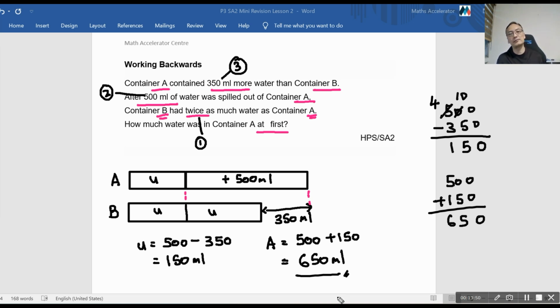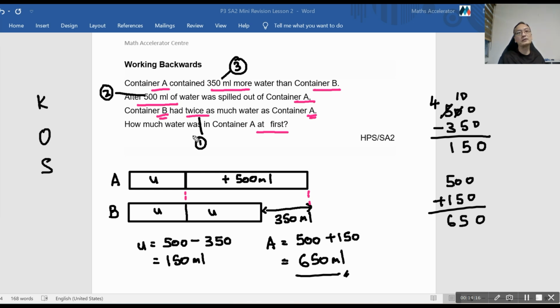Okay, working backwards. Let me summarize. After you go through the keywords, the organization, and the steps, what you need to do in working backwards is identify the steps that you need to carry out in sequential order to help us understand and reach the answers. Number 1, we have to find out which is the first step to carry out.